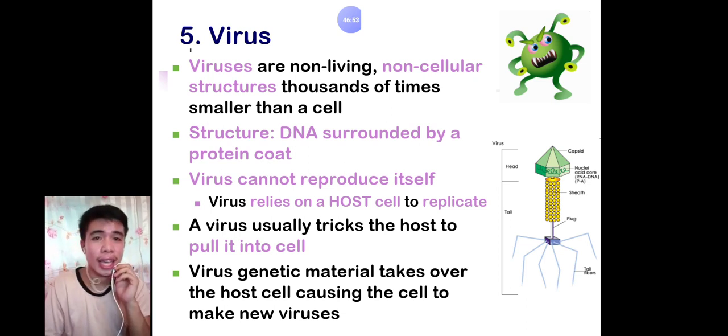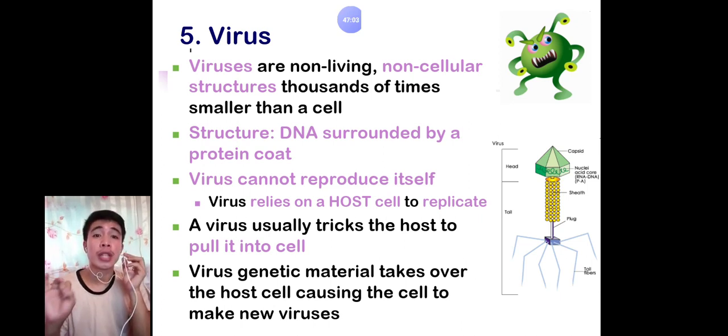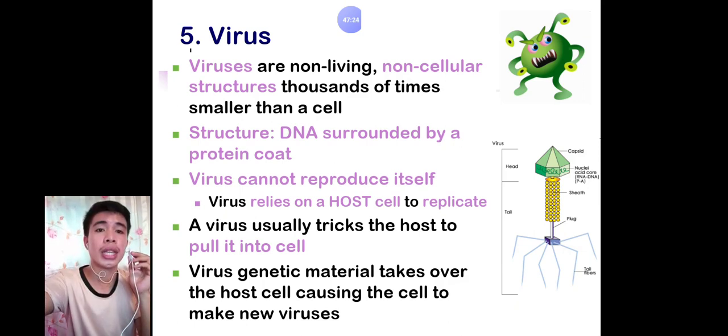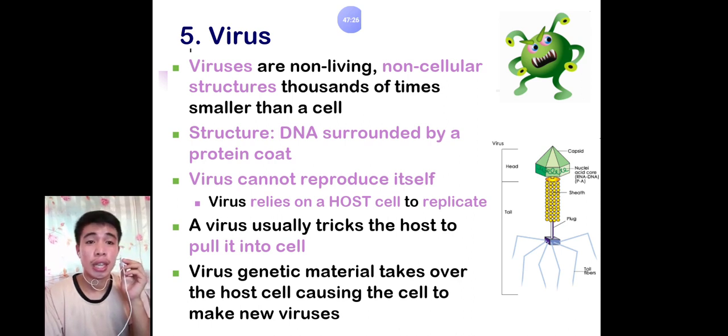When a virus enters our body, it does not multiply right away. Its first job is to infect a specific cell, and that infected cell then infects others. A virus usually tricks the host into pulling it into a cell. The virus's genetic material takes over the host cell, causing the cell to make new viruses.